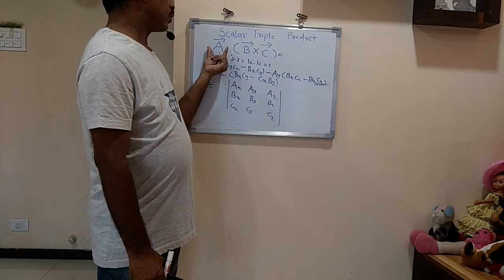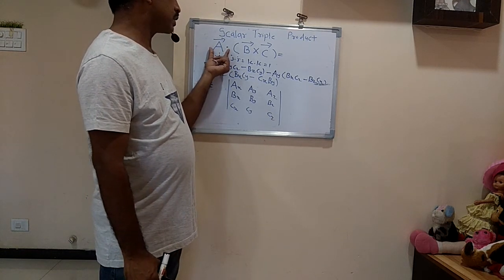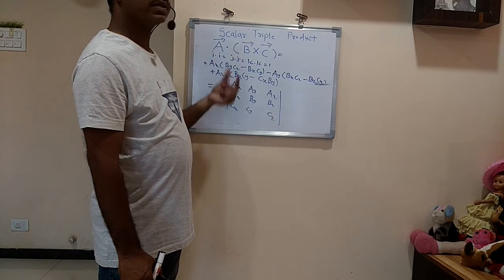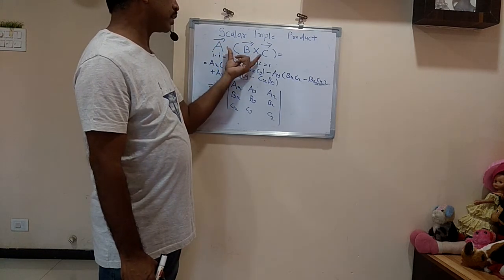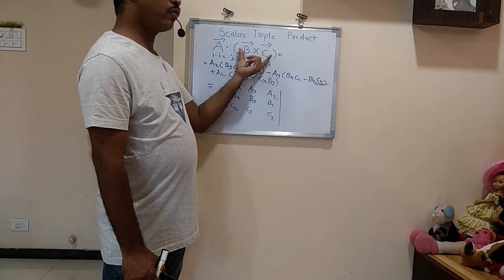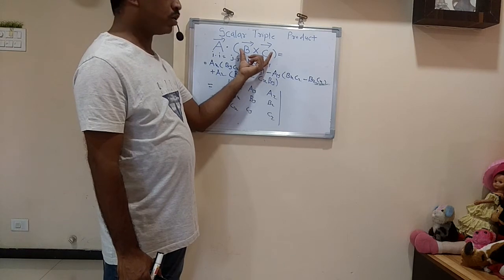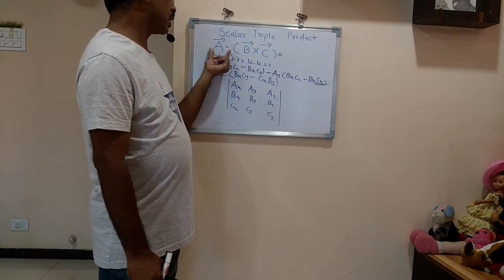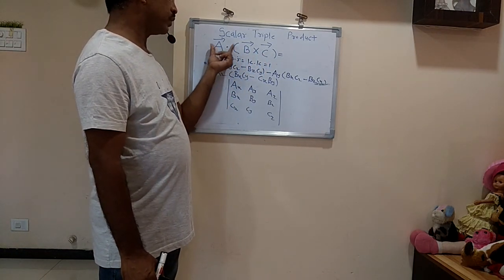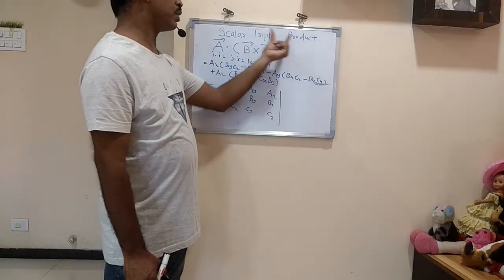The scalar product of one vector, here vector A, with the dot indicating it is scalar, with the vector product of the other two vectors, B cross C, is known as the scalar triple product.